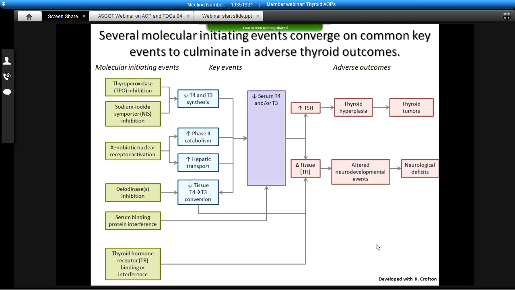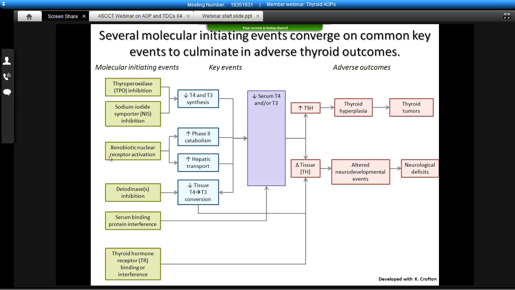So on the left-hand side of this slide, I'm showing molecular initiating events in green: thyroperoxidase inhibition or sodium iodide symporter inhibition are two events that can lead to decreased thyroid hormone synthesis in the gland. These enzymes are located in the thyroid and responsible for the synthesis of these thyroid hormones.